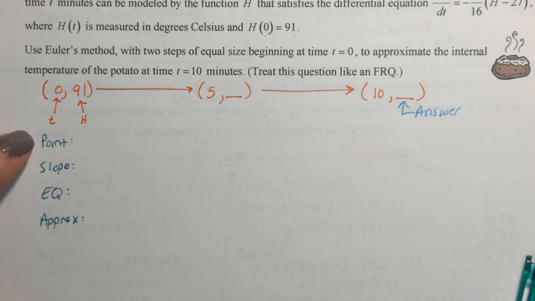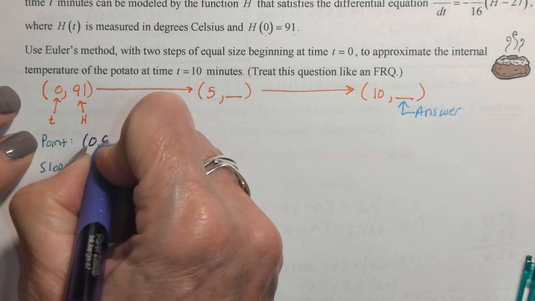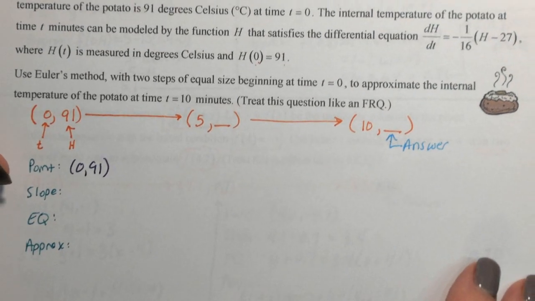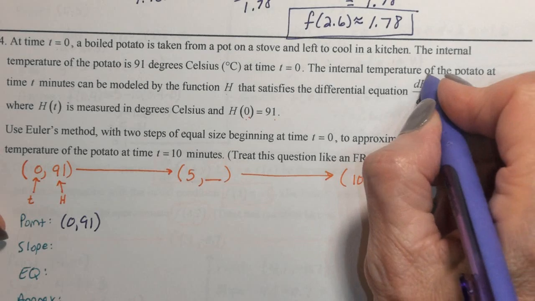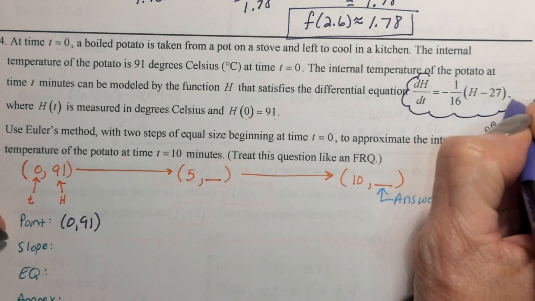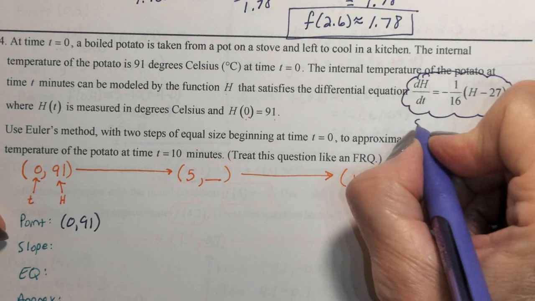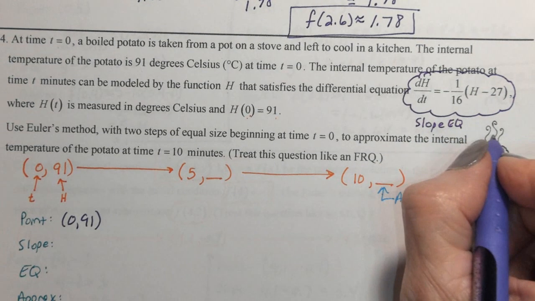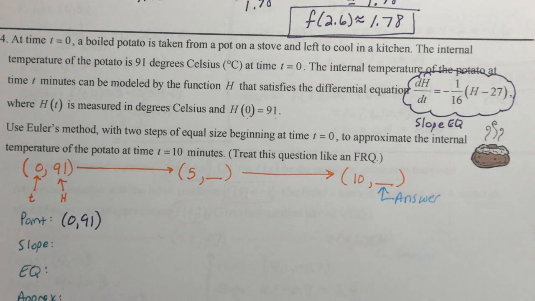My first point is 0, 91. Perfect. My slope is given to me right here. This is my slope equation. Of course it's not dy dx because we don't have y's and x's. We have h's and t's.